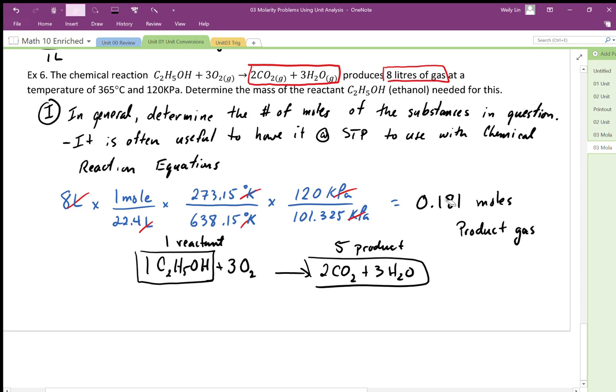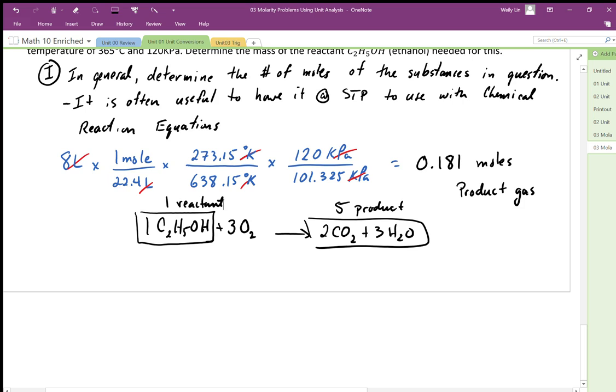This is my product amount over here, and I need to convert that into my reactant amount. So I'm just going to divide by 5. So I have 0.181 moles of product gas, and I'm going to multiply that by 1 mole of reactant for 5 moles of product gas. And this is my C2H5OH, or sorry, not my gas, but my reactant molecule.